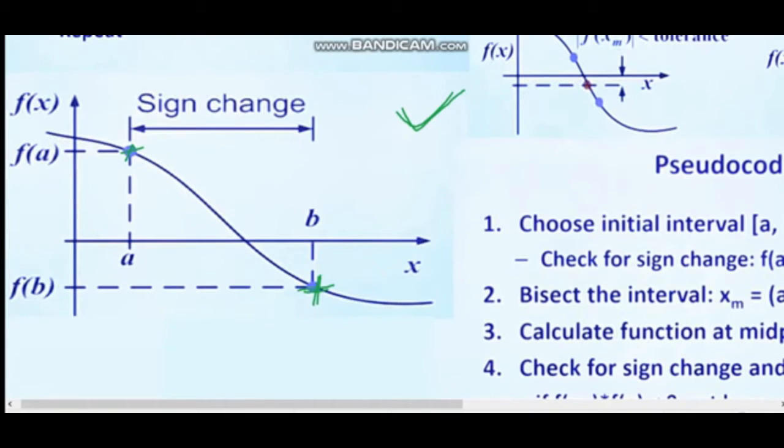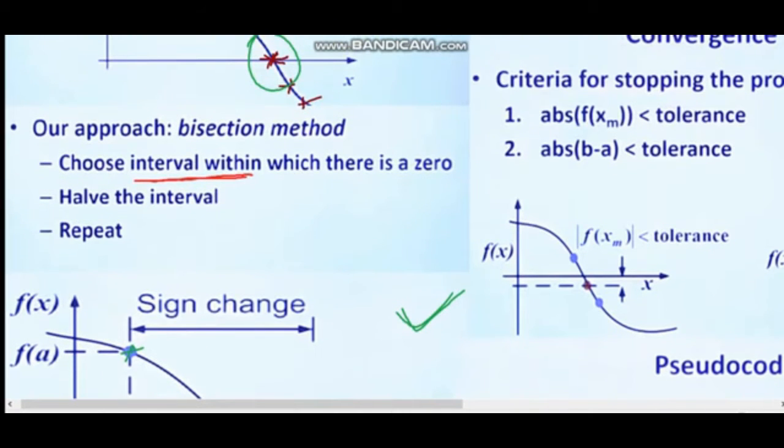So first we have to consider two x values for which f of x becomes positive and negative. So we need f of x equal to positive and f of x equal to negative, two values, and correspondingly we will choose two limits.